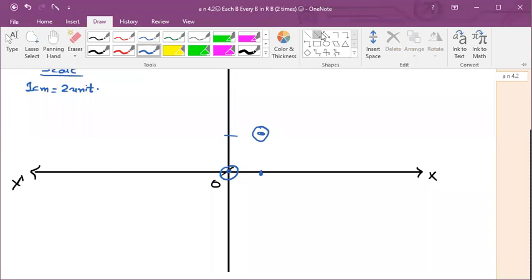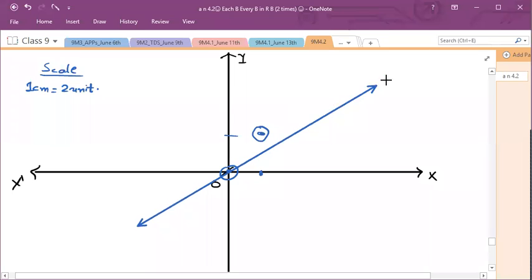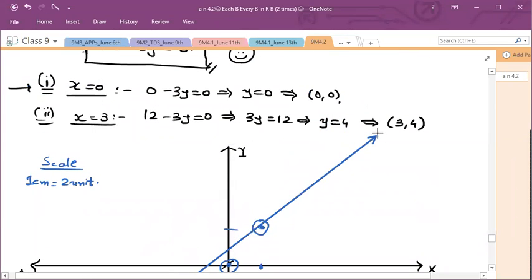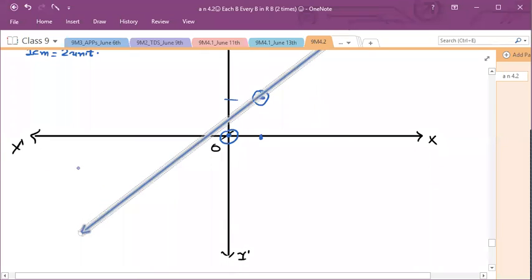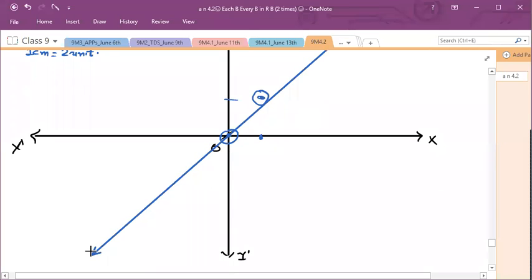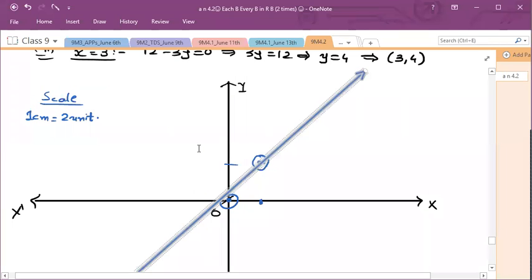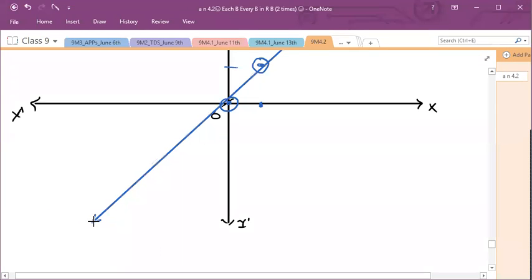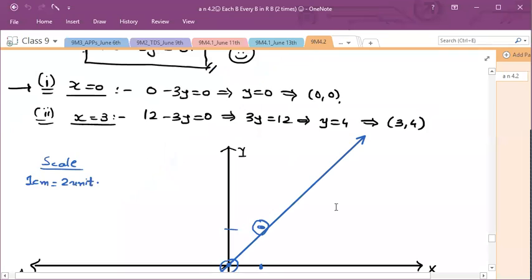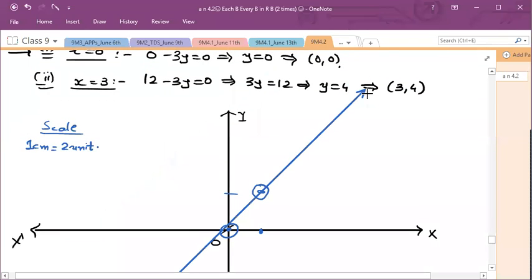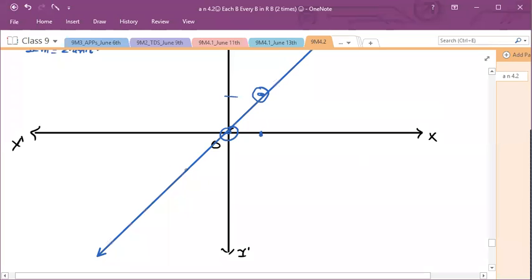So from here, I plot this graph. Okay, so assume that it is passing through this point 3, 4.